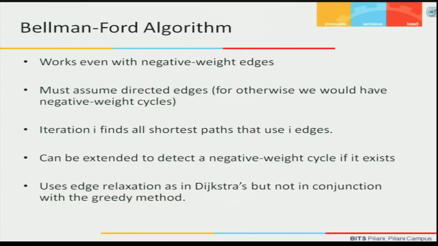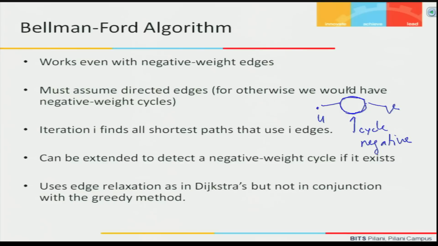What we are trying to say is, suppose we have a vertex u and a vertex v, and in the path from u to v we have a negative weight cycle. So, this is a cycle and it has negative weight. Every time we traverse this cycle, our weight is going to decrease by the weight of the cycle.